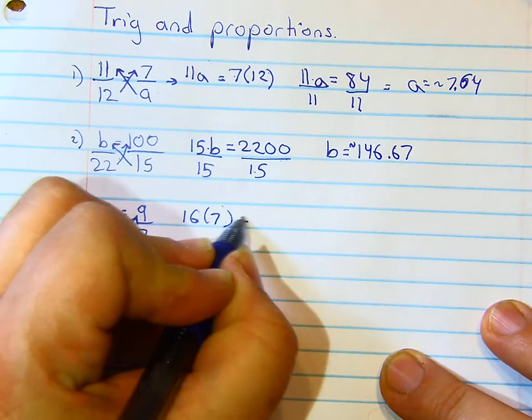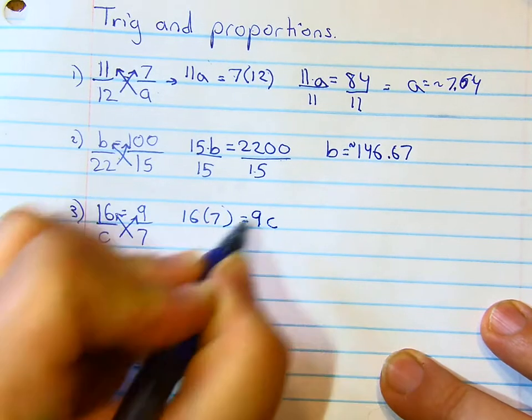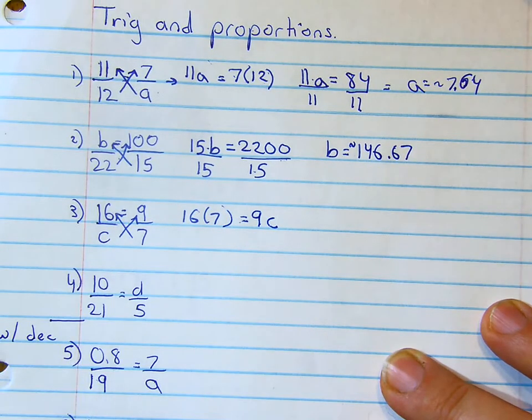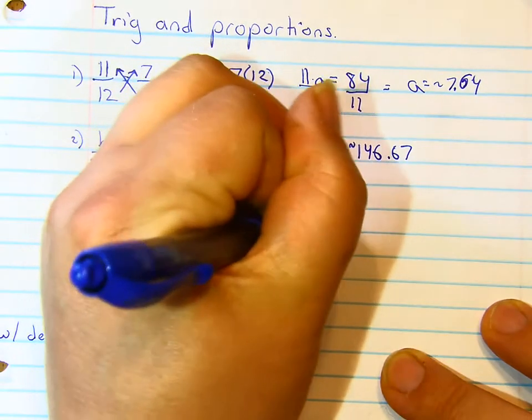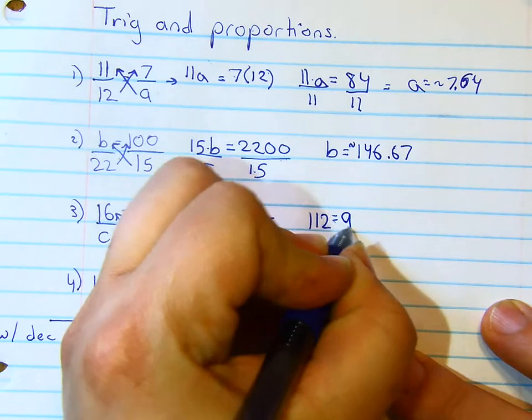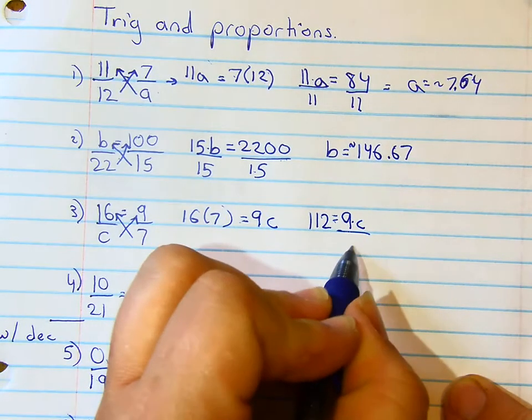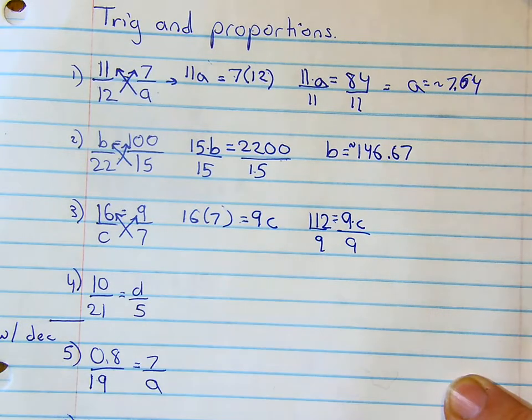So this proportions process is going to repeat over and over again. So I'm going to end up in this situation as 16 times 7, 112 equals 9c. The opposite of multiplication is division.